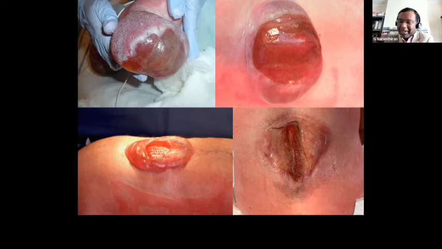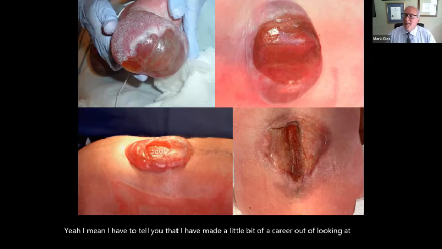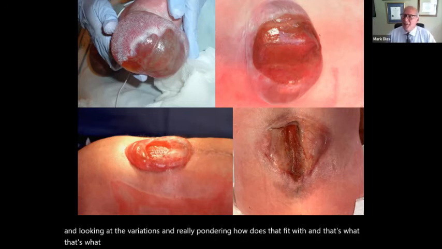Because probably the common ones are not so classical. Yeah, I have to tell you that I have made a little bit of a career out of looking at these variations and really pondering how that fits with what we currently know about these things, and that's what excites me.